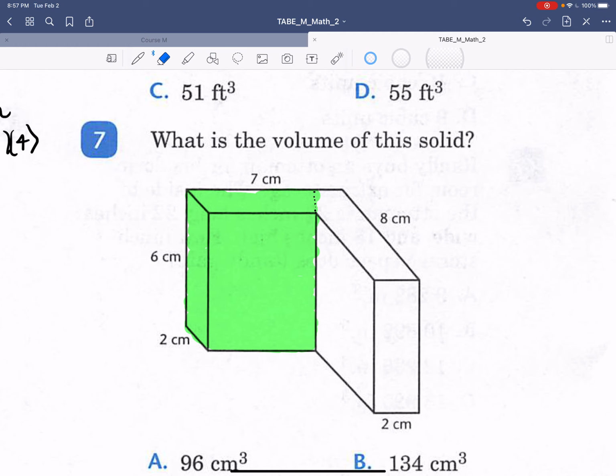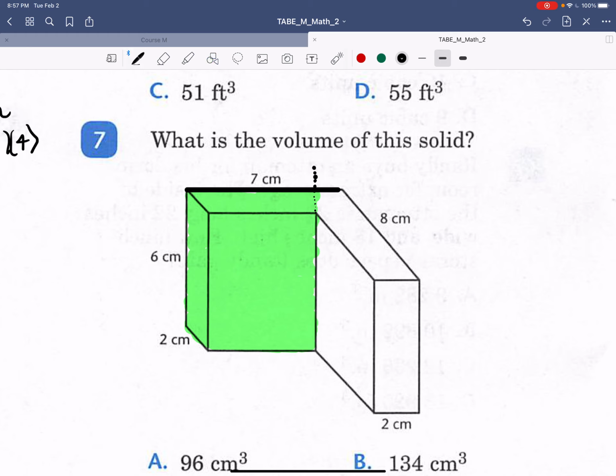Okay, so we have this chair, or whatever you want to think of it as, lying on its side. Be careful right here, because this whole dimension is 7 centimeters. We don't want to go that far. We want to stop right there.